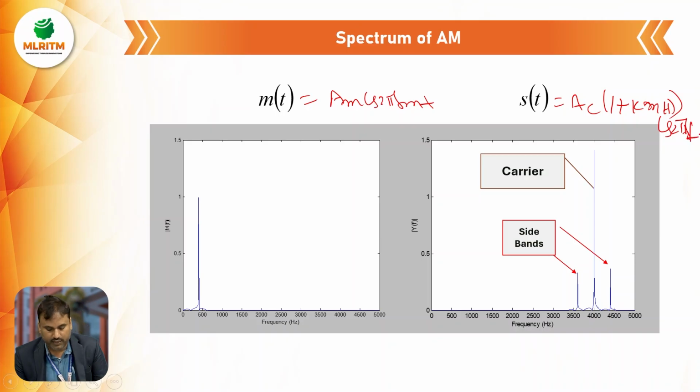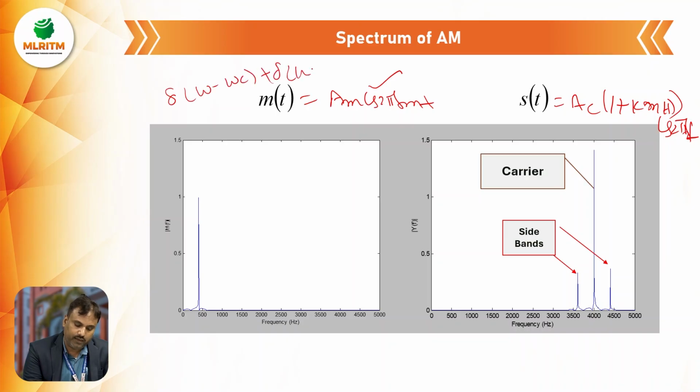So what is happening here? This is m of t, and I am taking a cos signal. The Fourier spectrum of a cos signal is, we know, del of omega minus omega c plus del of omega plus omega c, by 2. So you have two impulse signals.